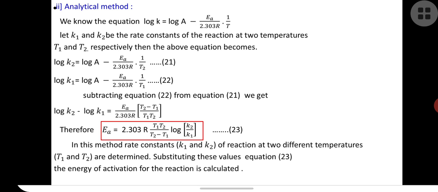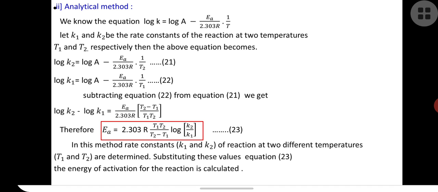Subtracting equation 22 from equation 21, we get log of K2 minus log of K1 is equal to EA upon 2.303 R into bracket T2 minus T1 upon T1 T2. Therefore, the energy of activation EA is equal to 2.303 R into T1 T2 upon T2 minus T1 into log of K2 upon K1.